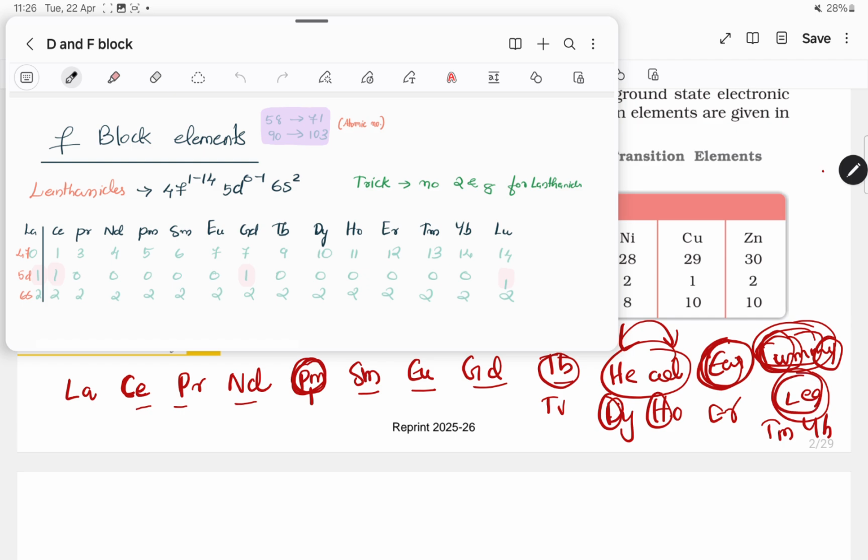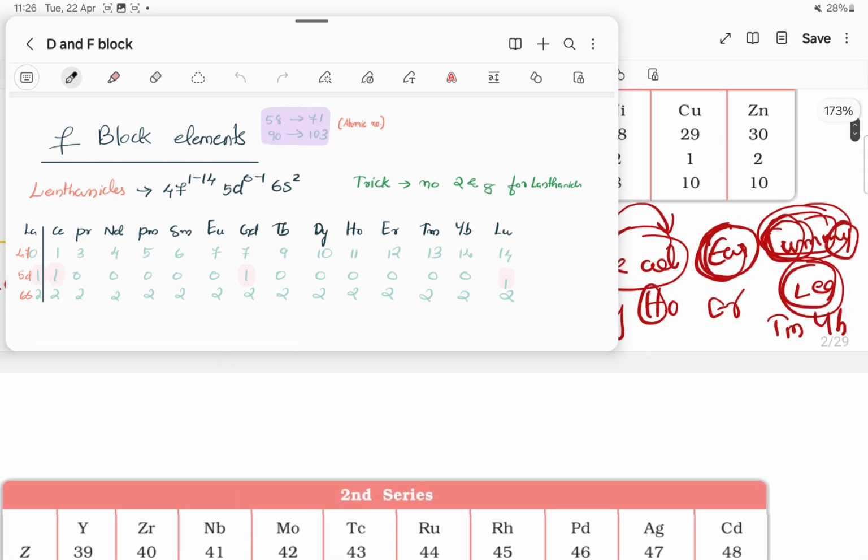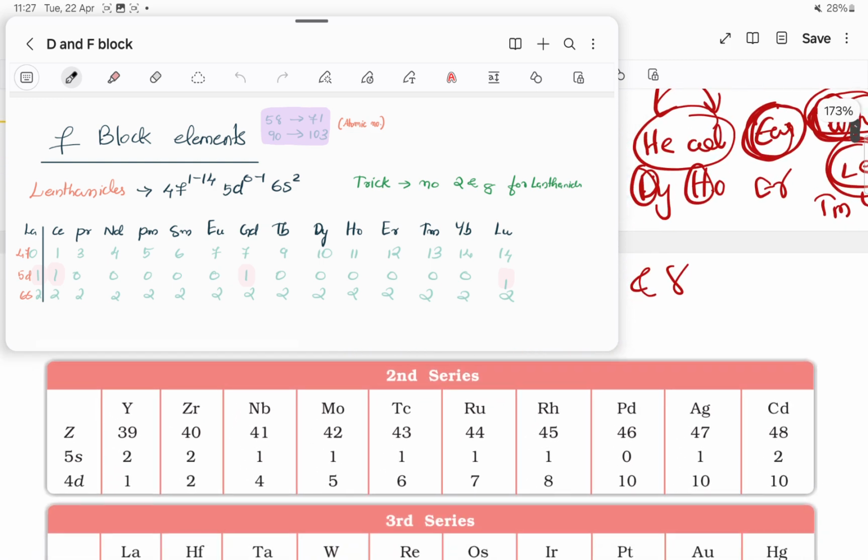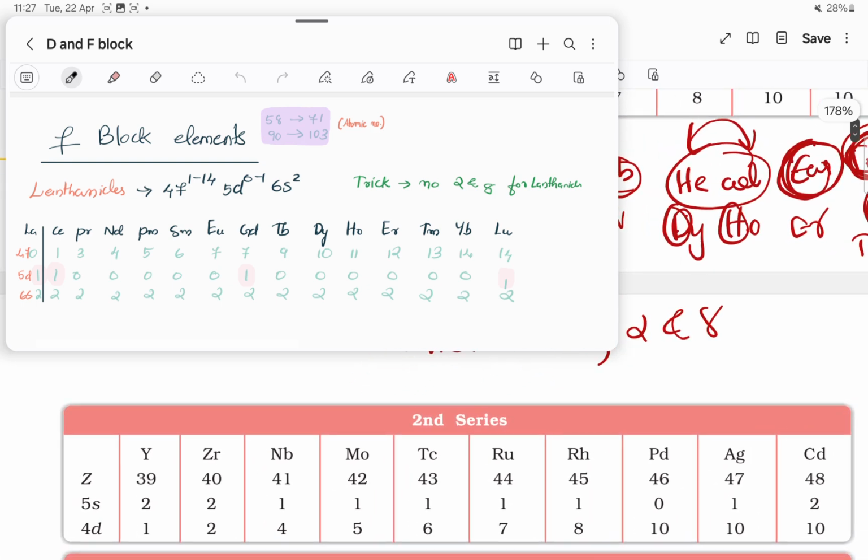Now how to study the configuration, you can see clearly. I have mentioned the trick: no 2 and 8 in the configuration of 4f. So you write starting from lanthanum 0, 1, there is no 2, right? So 3, 4, 5.